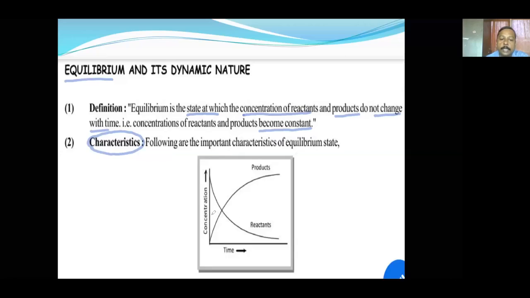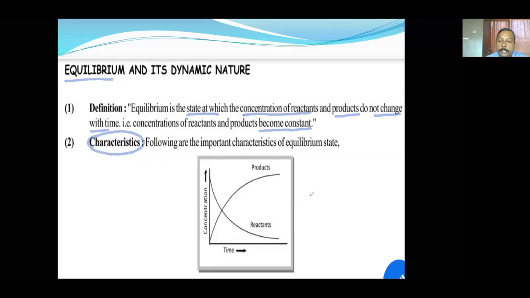Now this is the graph drawn by taking concentration on the y-axis and time on the x-axis. Initially, when time is 0, we will have only reactant, so the product quantity will be 0.